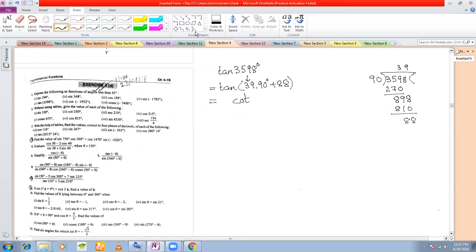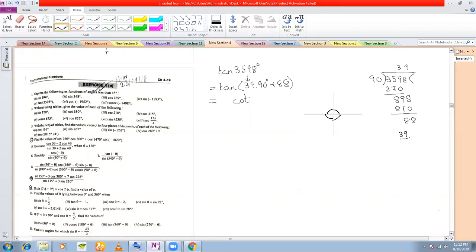Now the question is what should be the sign? Let us try and determine the sign. Now see 39 into 90 degrees. One rotation, 1 into 90 degree, 2 into 90 degree, 3 into 90 degree, 4 into 90 degree. So how many rotations are we taking? 39. 4 rotations of 90 degree means one complete rotation, right?